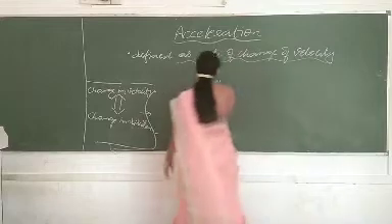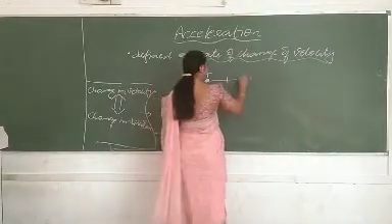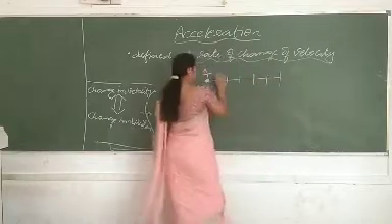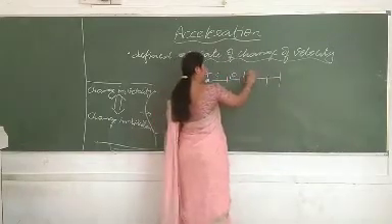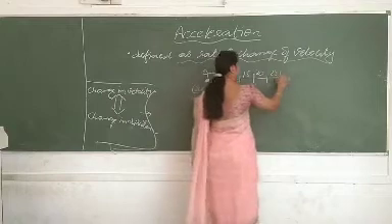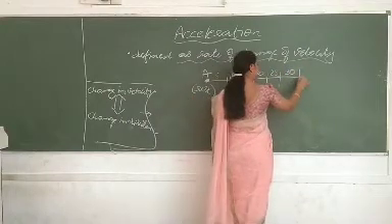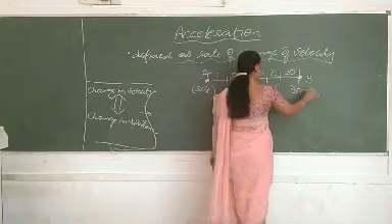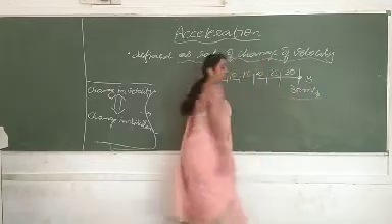Now it went on increasing its velocity: 5, 10, 15, 20, 25, 30. By the time it reached B, it attained a velocity of 30 meters per second.